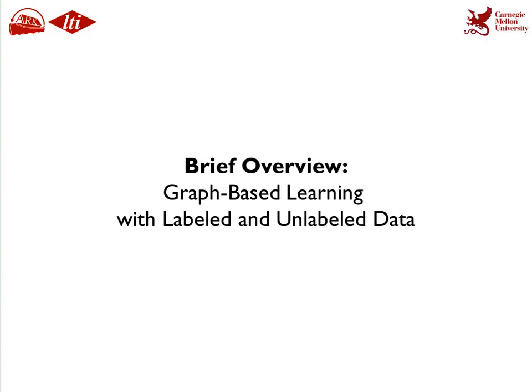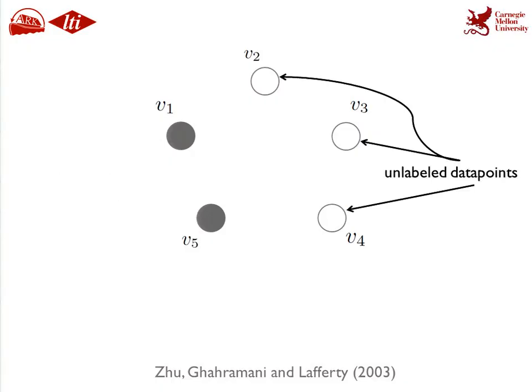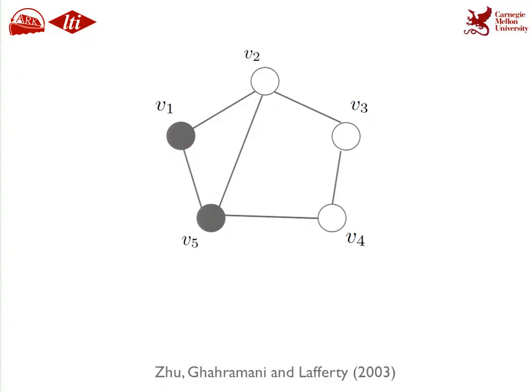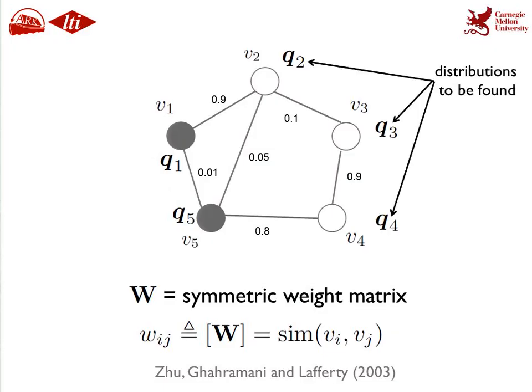So, a two-slide overview of what we are doing in terms of label propagation. In semi-supervised learning using graphs, there are data points, some of them labeled and most of them unlabeled. The geometry of the data is given in terms of a symmetric weight matrix that connects pairs of vertices with non-negative weights. There are supervised label distributions, Q1 and Q5, and the goal is to learn Q2, Q3, and Q4, which are the distributions over unlabeled vertices.